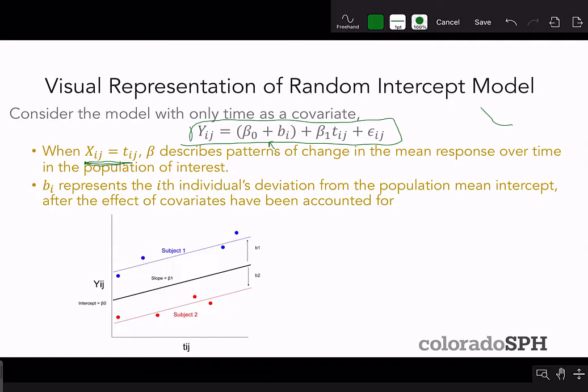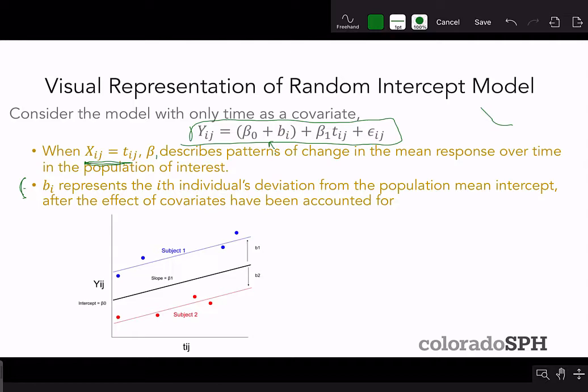When you have only one covariate and that covariate is time, then your beta for that covariate, which in this case is beta 1, describes patterns of change in the mean response over time in the population of interest. And the subject-specific intercept, bi, represents the ith individual's deviation from the population mean intercept after the effects of covariates have been accounted for.